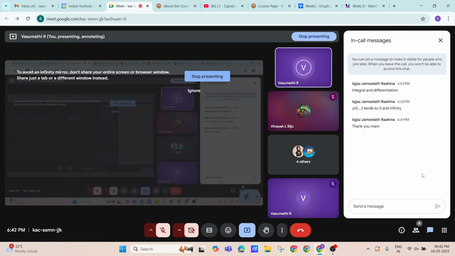Anybody have any doubts? Google Space, I think yes, it has been made for computer engineering. I can ask my team and let you know in the next session.